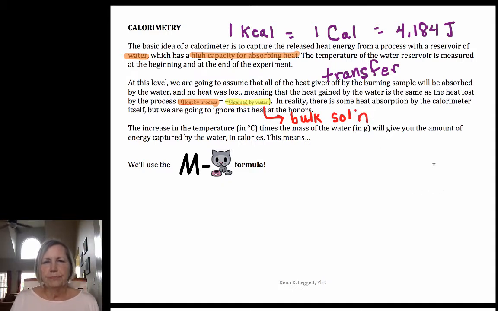Okay. Wow, that sounds really complicated. Well, you know what? You use it in MCAT, and then use it in MCAT again, and maybe in another MCAT. So it's not quite as complicated as all these words sound.